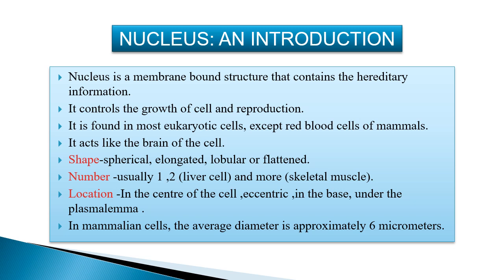But in a plant cell, the nucleus is located more on the periphery due to the large water-filled vacuole in the center of the cell. It may be eccentric, deviating from the center, or in the base or under the plasmalemma. In mammalian cells, the average diameter is approximately 6 micrometers, which occupies around 10% of cell volume.